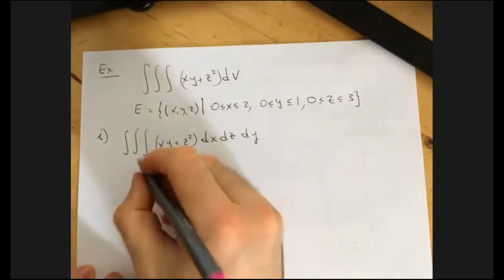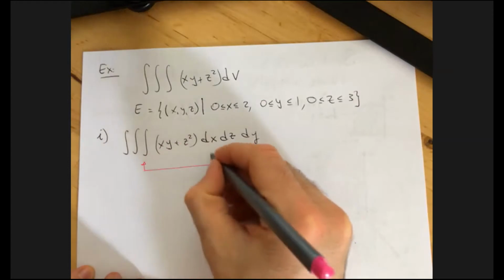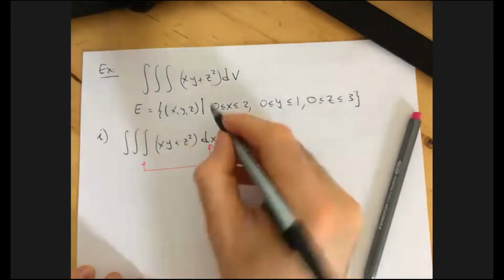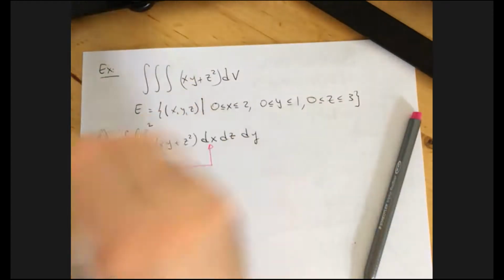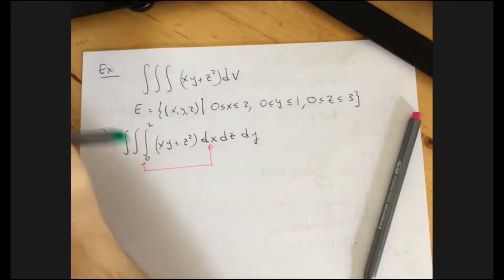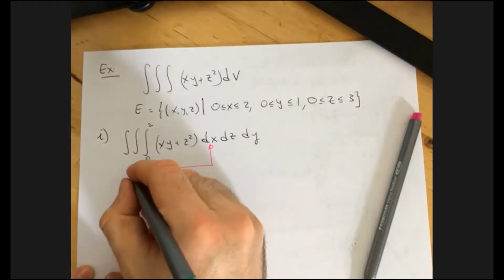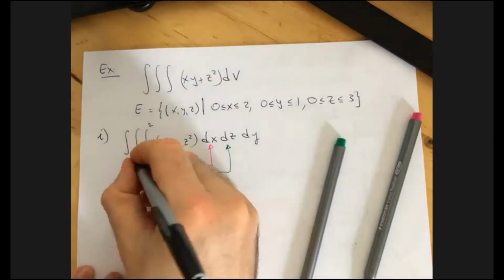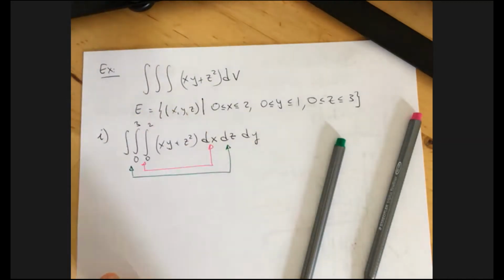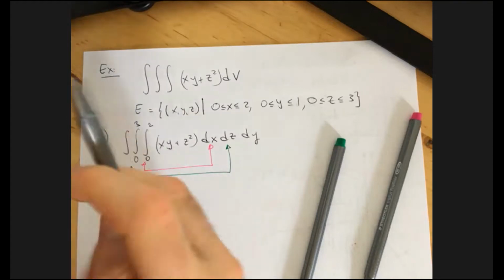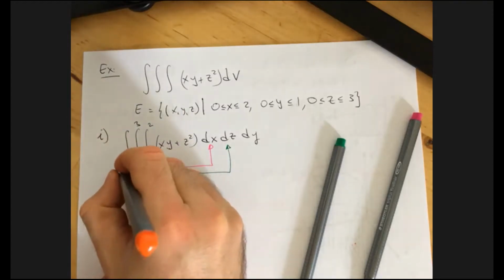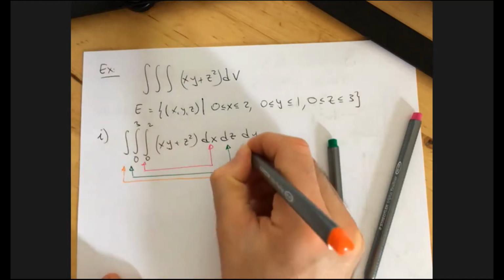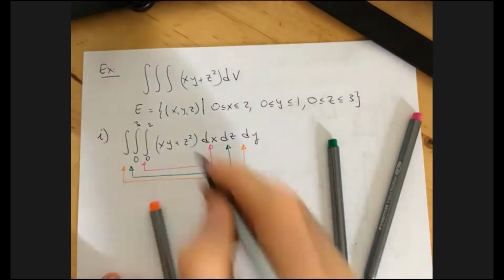So that means that x goes from 0 to 2, z goes from 0 to 3, and the last one, y goes from 0 to 1.